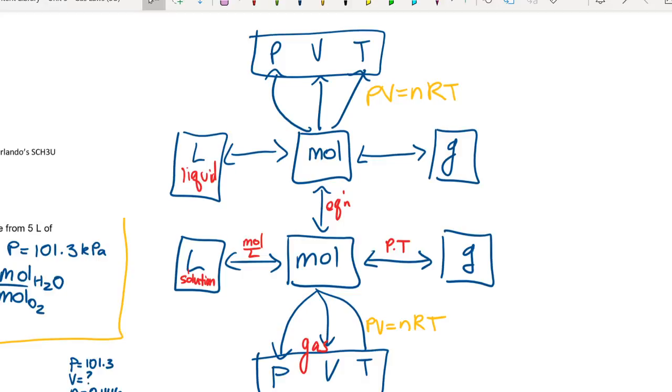There's 1, 2, 3, 4. Yep, I even numbered them for you. Triple bond. So you have not this one, but this one.